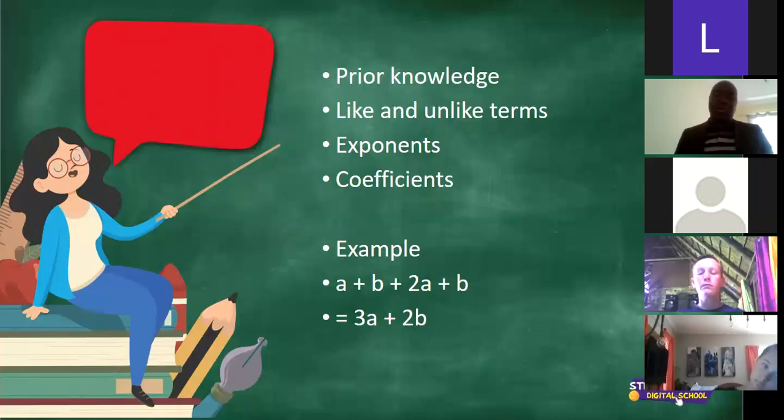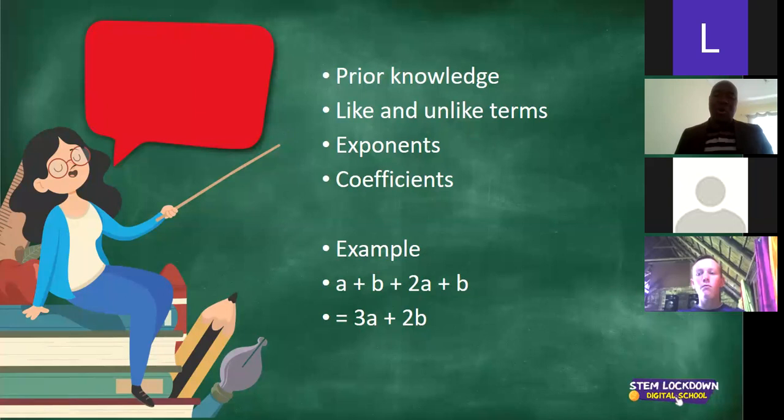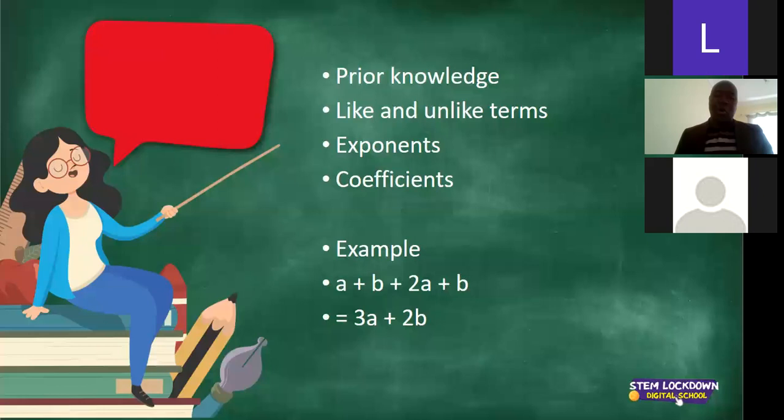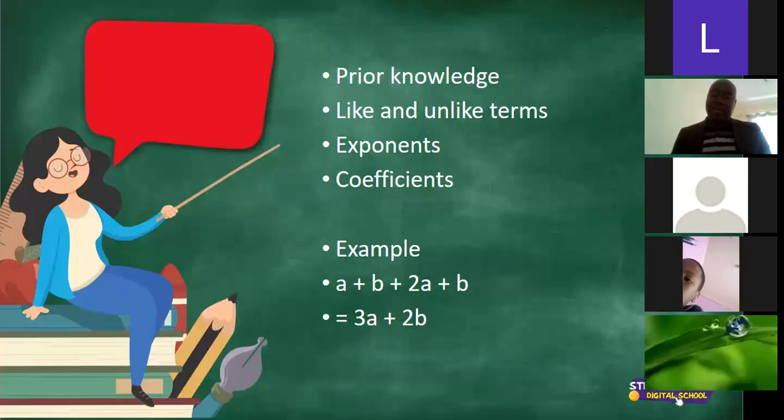I'm just going to give you an example of like terms and unlike terms. You can see there we've got A plus B plus 2A plus B. These two variables, A and B, are not the same.